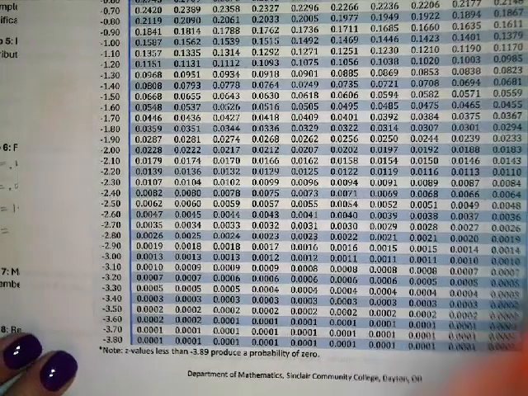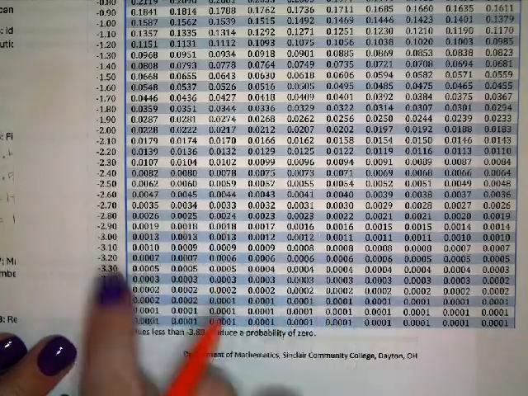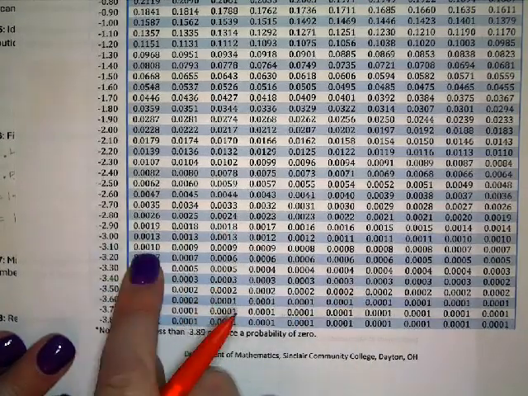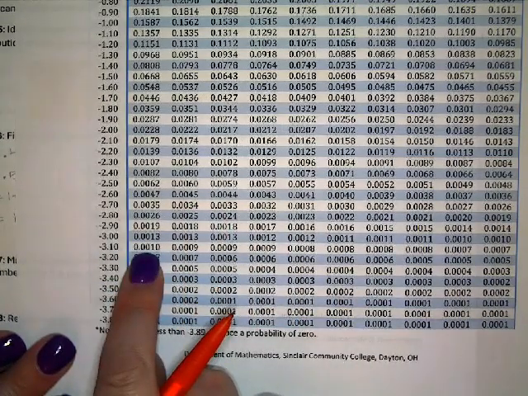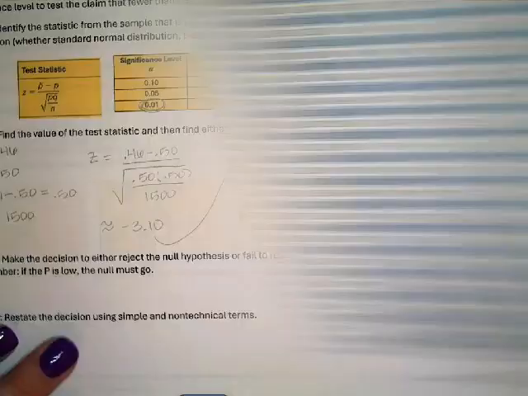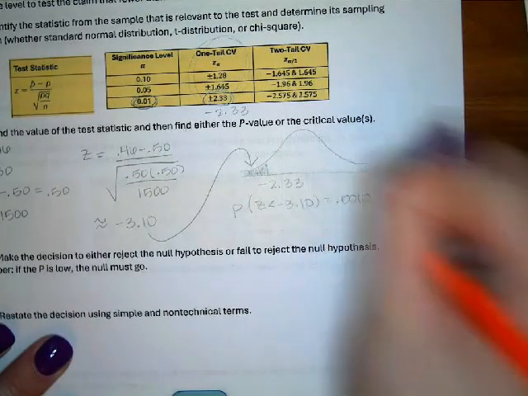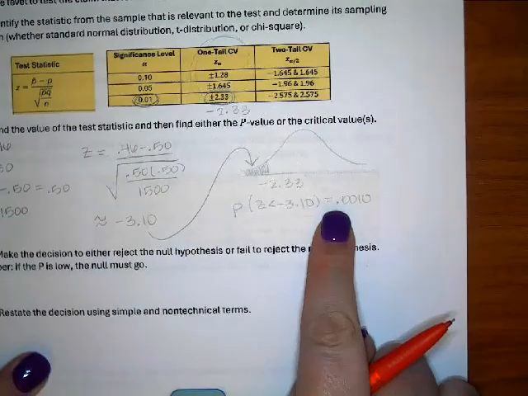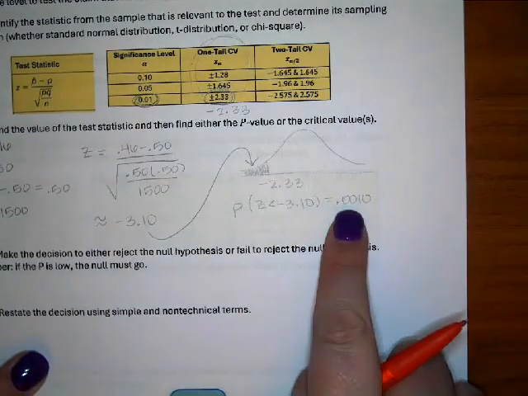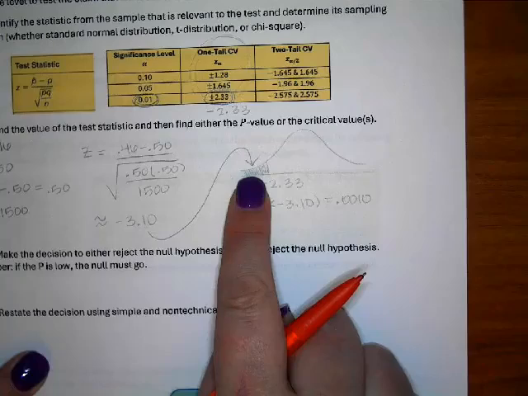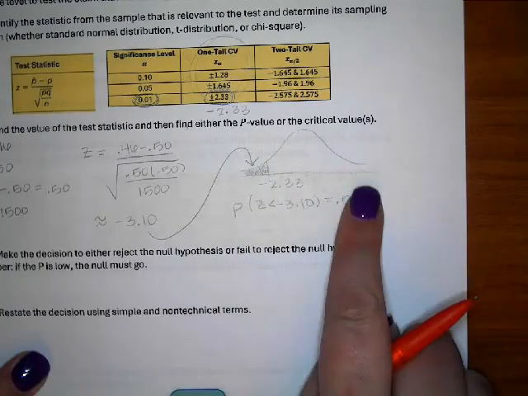So 3.10 is 0.0010. I don't have to multiply it by 2 this time. I can just use the number because this is a 1-tail critical value, not a 2-tail critical value. So I don't have to double it.